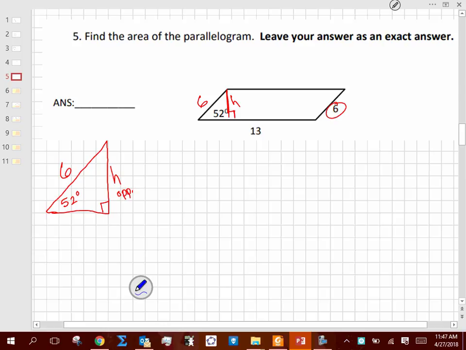Opposite. What side is 6? Hypotenuse. Which trig ratio? Yeah. Sine incorporates opposite and hypotenuse. So I say sine of 52 is equal to H over 6, right? Multiply both sides by 6. And there's my H, okay?